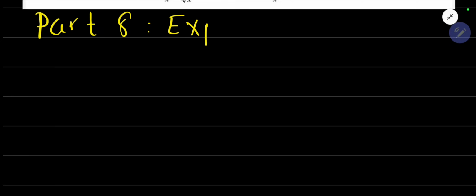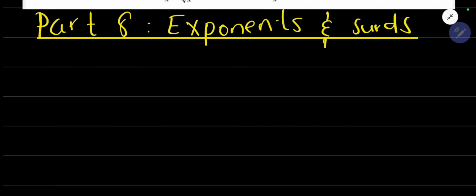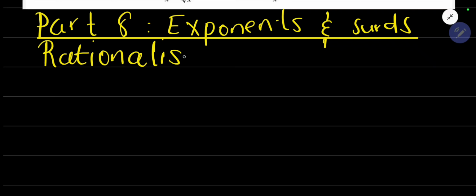Okay, so our subtopic is rationalizing the denominator. Rationalizing the denominator simply means that we are making our denominator rational if it's irrational.